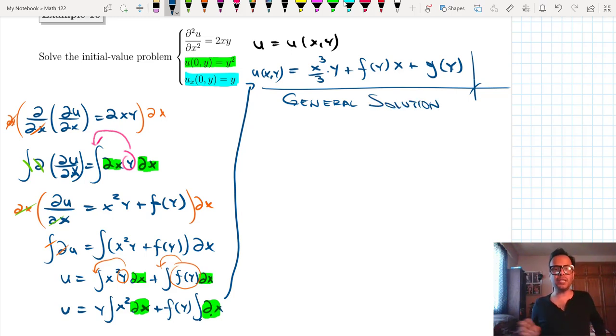All right, now we need to find the particular solution that involves these two conditions. That is, when we evaluate the obtained function at (0, y), we get 0 cubed divided by 3 times y.